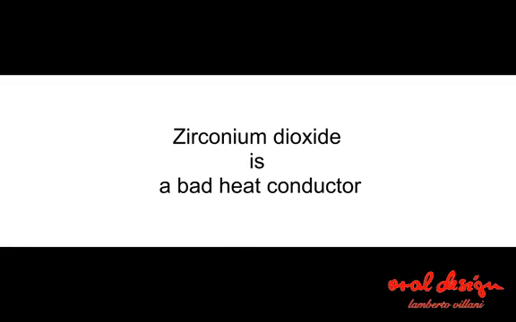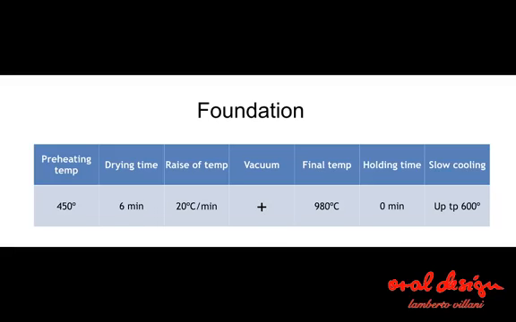Somebody says there is no bonding between zirconia dioxide and ceramic. No, it's not true. There is a bonding if, just if, you make a foundation baking, like Ivoclar does before you build up the Emax. This is the foundation I'm doing on the zirconia. Why am I doing this? Because it takes time to take the heat.